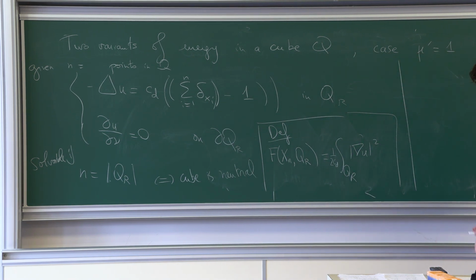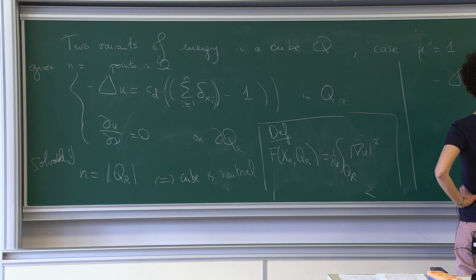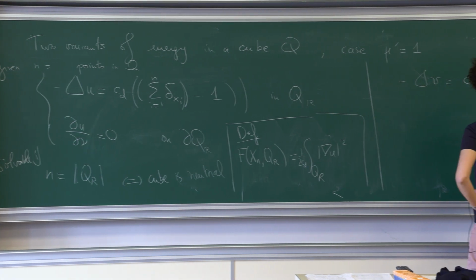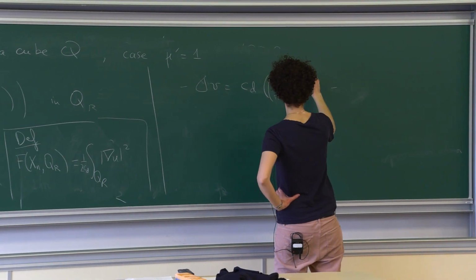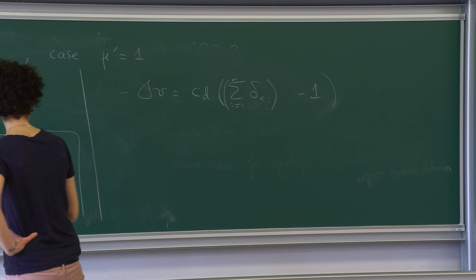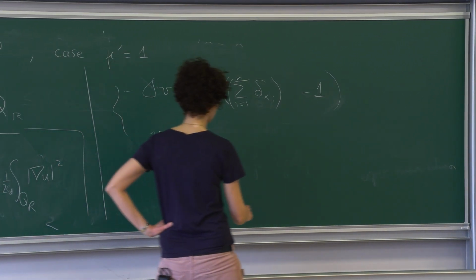Okay, now the second quantity. I give myself n points again, and I solve minus Laplacian equals the sum, minus 1, the 1 is not in the sum. And I solve with Dirichlet boundary condition.